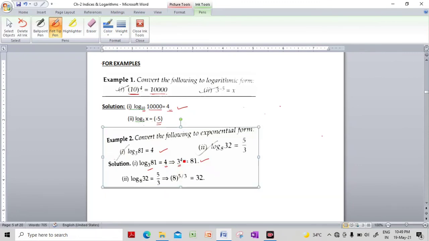The right hand side becomes the power and 81 moves to the right hand side. Second example, log of 32 to the base 8 equals to 5 by 3. In exponential form, this can be written as 8 to the power 5 by 3 equals to 32.